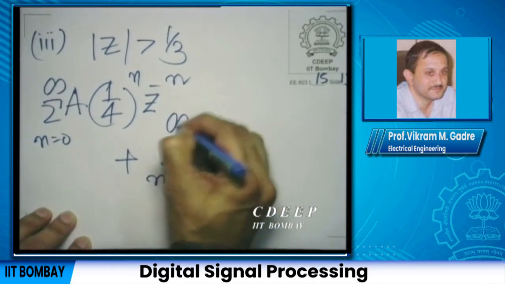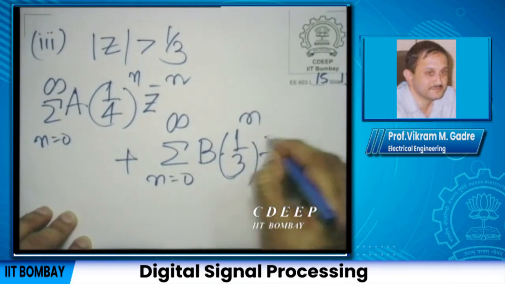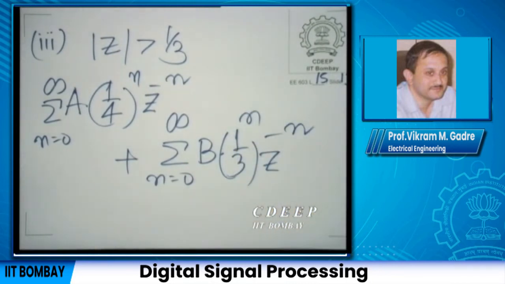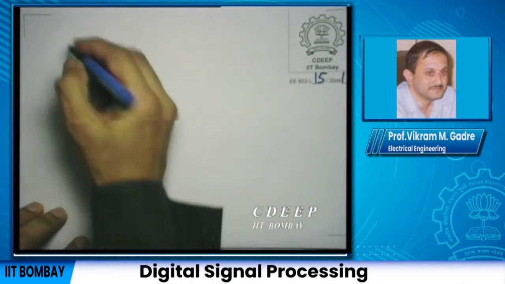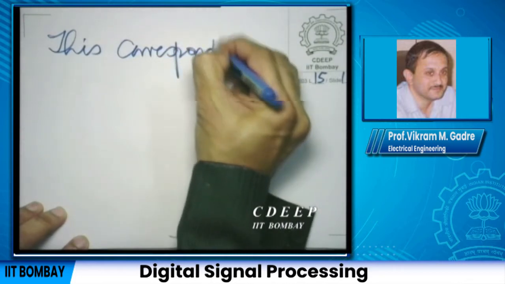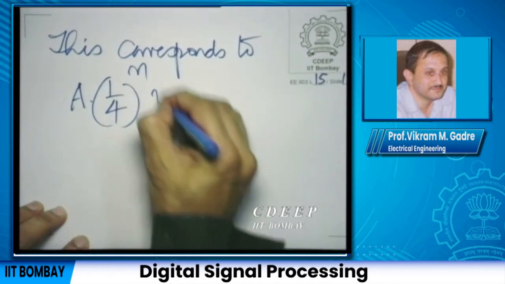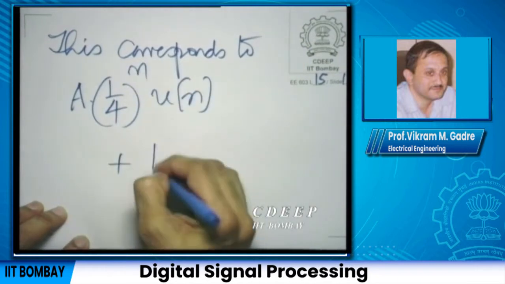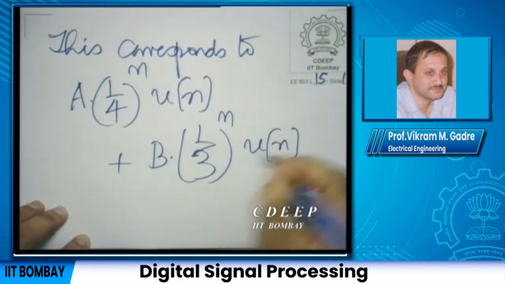So, 0 to infinity b times 1/3 to the power of n z raised to the power of minus n. So, this is easy. In this case, the inverse is very easy to calculate. This essentially corresponds to A times 1/4 raised to the n u[n] plus B 1/3 raised to the power of n u[n].